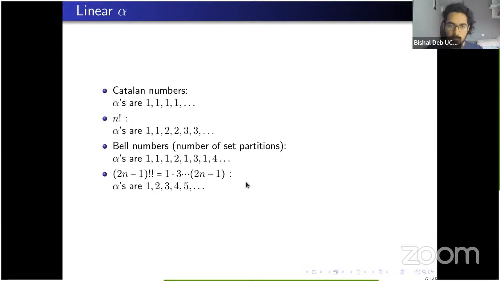In these sequences, you can notice that in the first one the alphas are constant, and all the others have alphas growing linearly. Even though the title of my talk is quadratic family, I'll talk quite a bit about the linear family as well, especially the case of permutations.